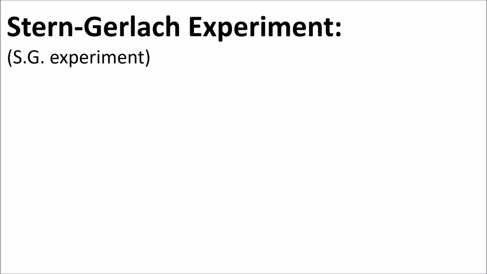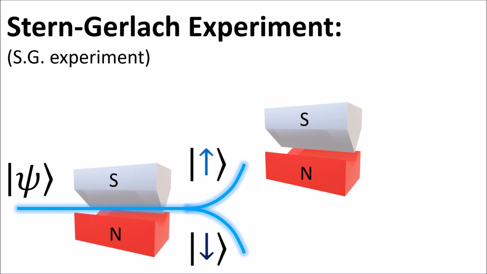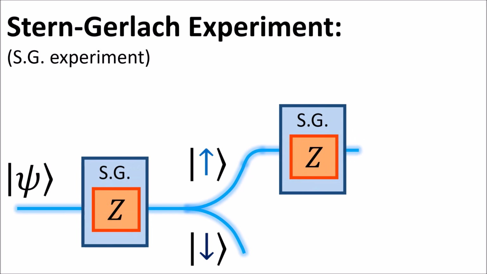Now, let's use Born's rule to try and understand the quantum states in the SG experiment better. We'll do this by putting particles through multiple SG experiments in a row. To simplify the diagrams a bit, I'm going to replace these magnets by a box with the letter Z on it. This indicates the inhomogeneous magnetic field points in the Z direction.